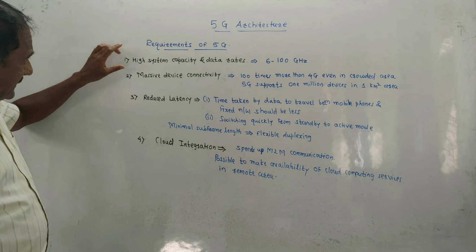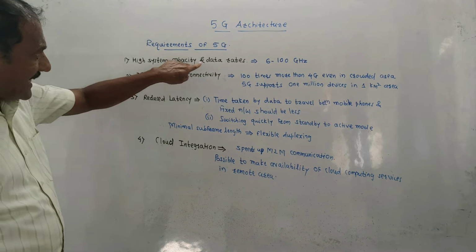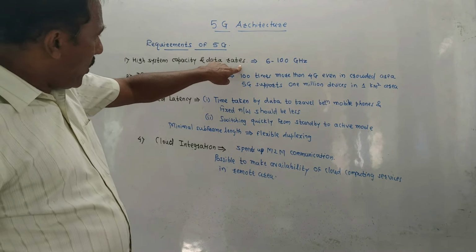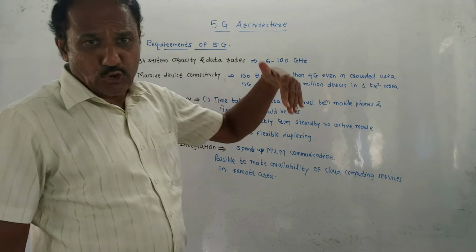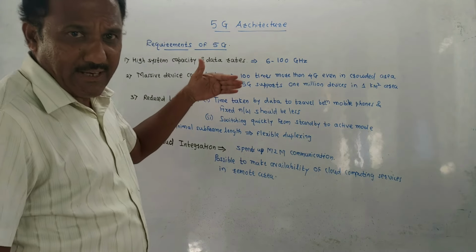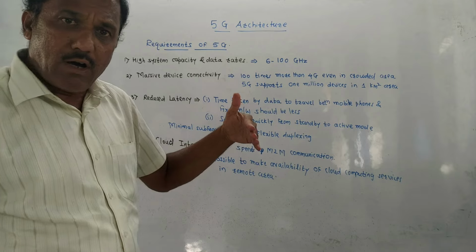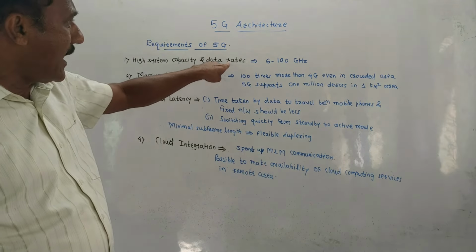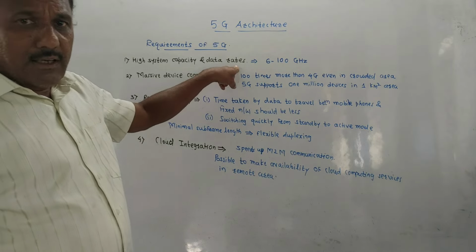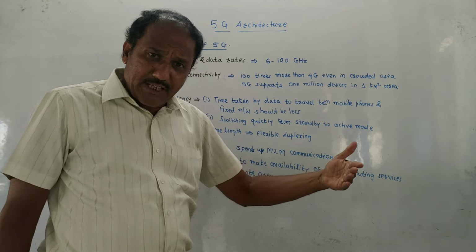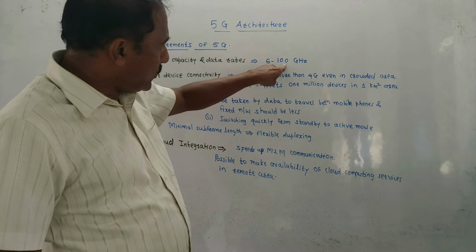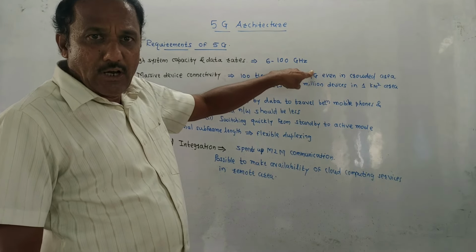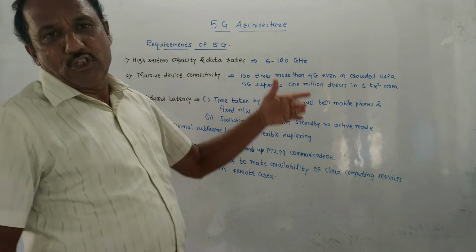First requirement is high system capacity and data rates. We already discussed the system capacity should be as high as possible, as well as we should have fast uploading and downloading of data. That means we should have higher data rates. More spectrum is available in the range 6 to 100 gigahertz to avail the 5G network.